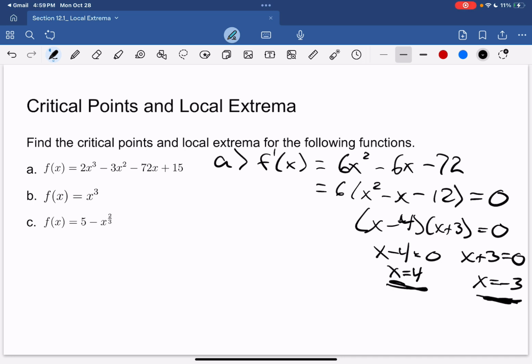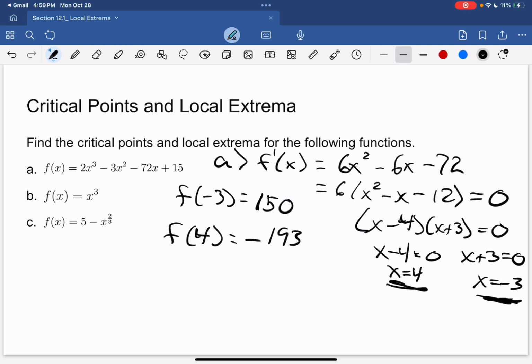Now to find the critical points, I can just figure out what f of -3 is. So we'll go back to the original function, plug it in, and I get f of -3, and that is 150. And then f of 4 is -193.